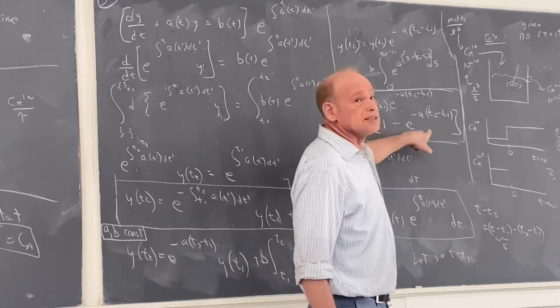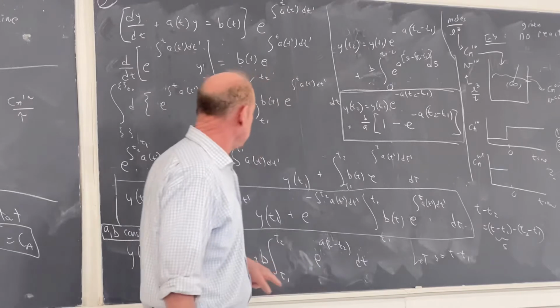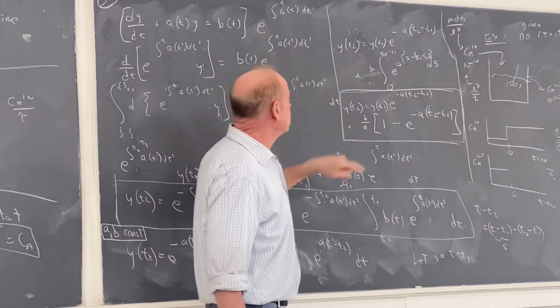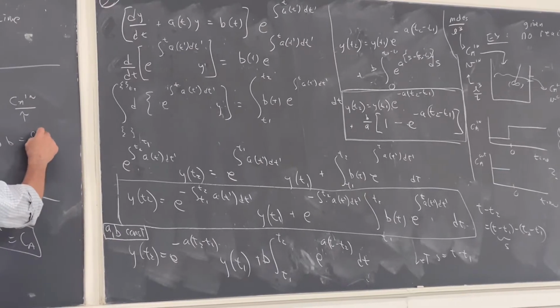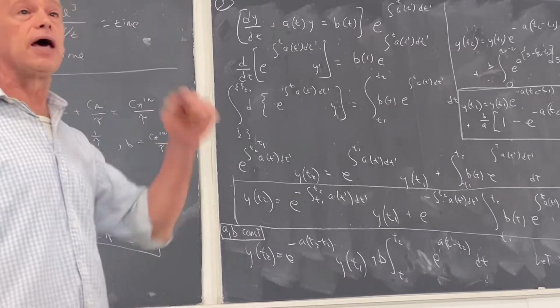When we specialized it to the case where a and b are constants, instead of being functions of t, it reduces to this form. And in this particular equation, a is equal to 1 over tau, and b is CA in over tau. Those are both constants, so I can appeal to that.